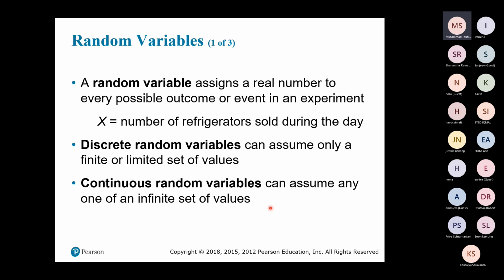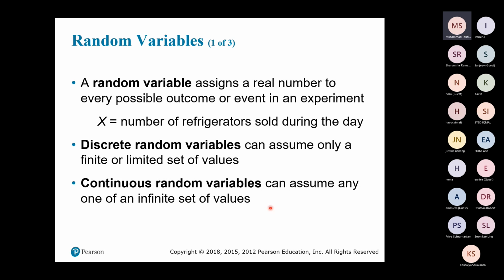Contohnya jumlah pembeli tadi bergantung kepada condition yang awak dah set, which is 10,000 ringgit jualan. Kalau awak nak buat jualan 50 ribu ringgit, jumlah pembeli tu akan berubah. Jadi random variable ni akan bergantung kepada condition yang awak set.